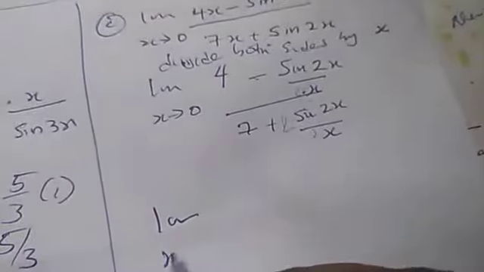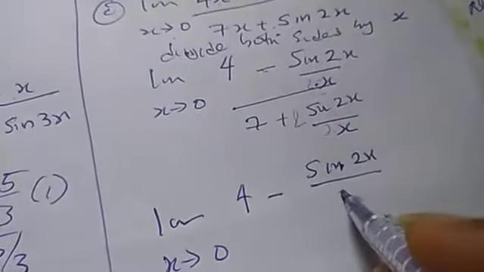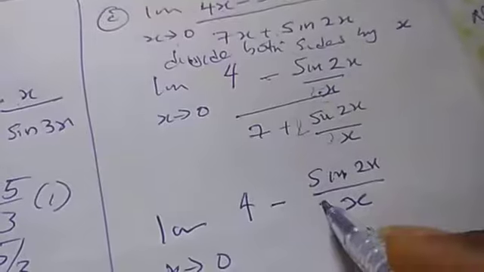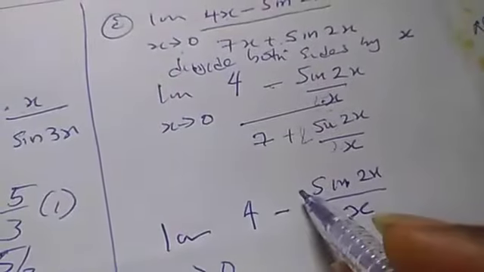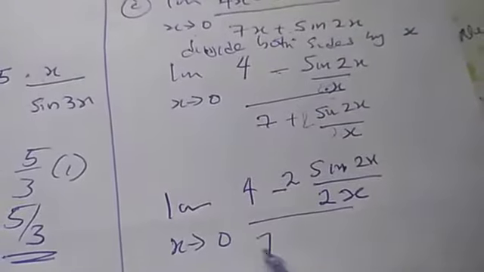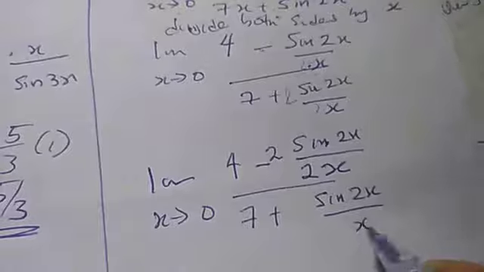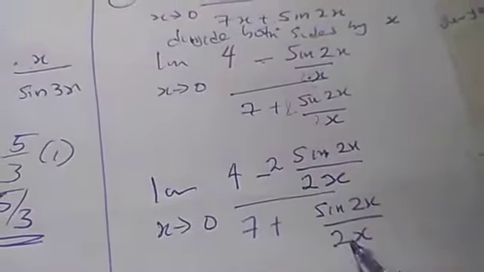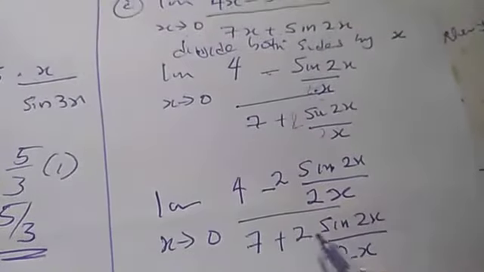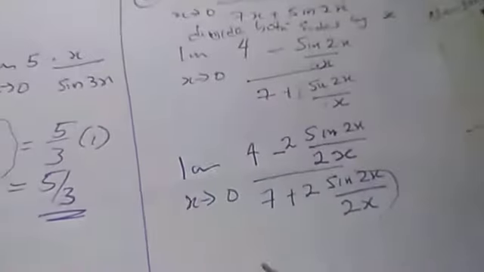That will give me 4 minus 2 sine 2x over 2x, divided by 7 plus 2 sine 2x over 2x. Because we need 2x here, I have to put 2, then I have to put 2 here too, so that the whole of this will be 1 and the whole of this will be 1.